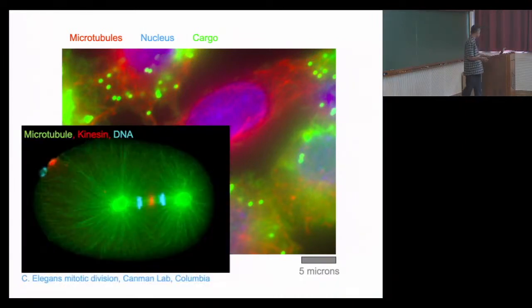I was talking about cell division, and here again, that is of course a different kind of motor protein, but you will see that the organization of microtubules can be dramatically different when cells divide.